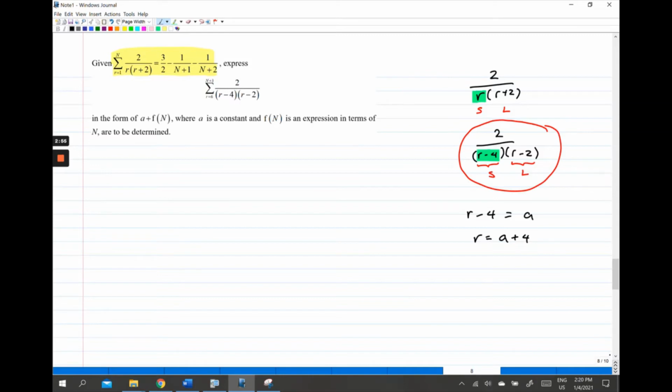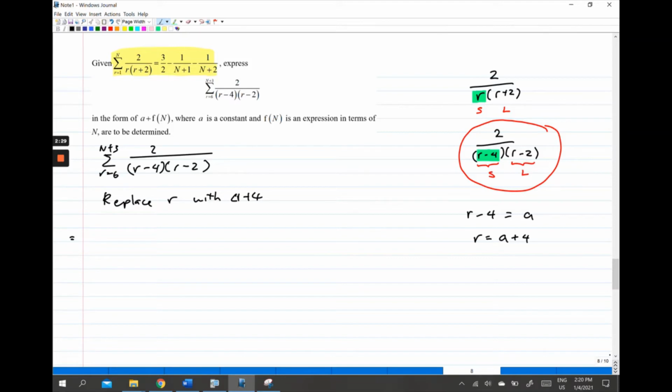Let me show you what I mean. Based on the question, this is the summation from r equals 6 to n plus 3 of 2 over (r minus 4)(r minus 2). You'll tell the examiner, I'm going to substitute, replacing r with a plus 4.